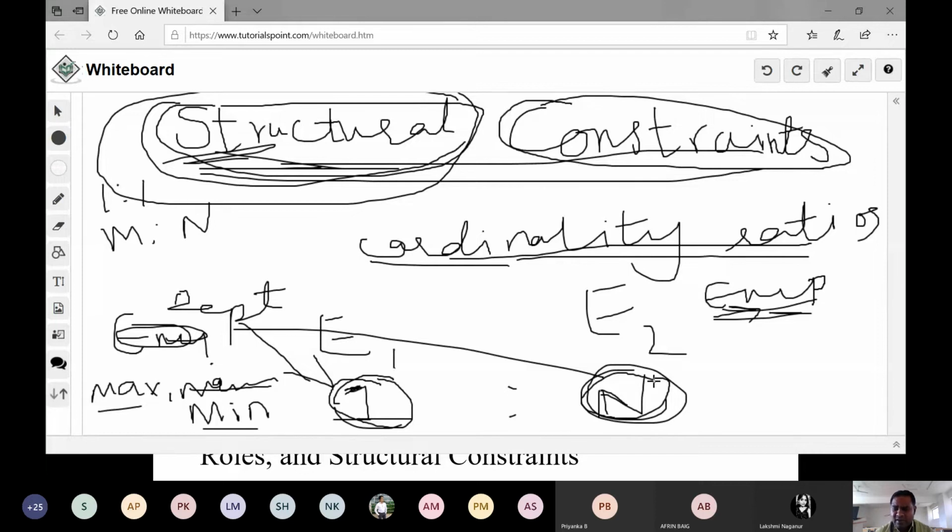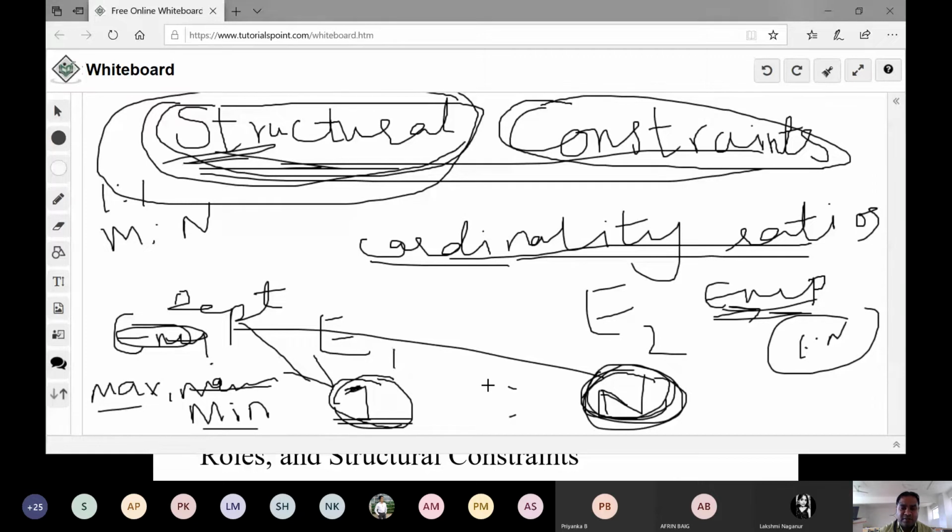So in one department, how many employees can there be? N number of employees. So the cardinality ratio was 1 is to n. Correct? One employee should belong to only one department.